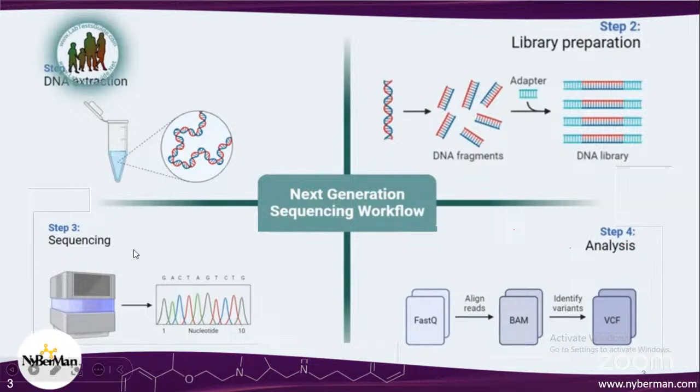So the third step is sequencing, where we provide the sequences to the sequencer. First it will read the sequence on your DNA fragments, and then it will assign a quality score to your sequences, so that we can understand how good the sequence captured from the patient sample is.